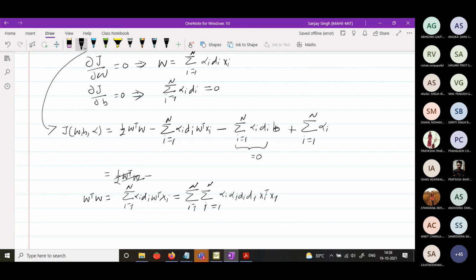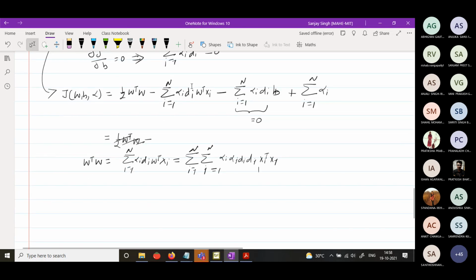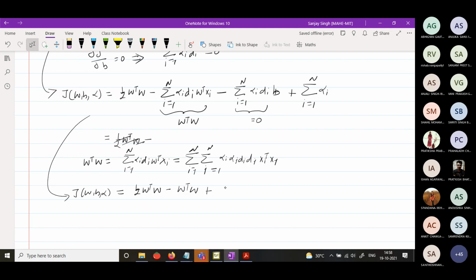Now when I do this, ultimately this entire part is nothing but w transpose w only. So further I can write that J(w, b, alpha) is nothing but 1 by 2 w transpose w minus w transpose w plus this part, summation i equal to 1 to n alpha i.